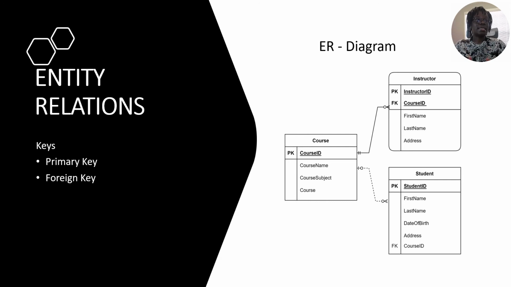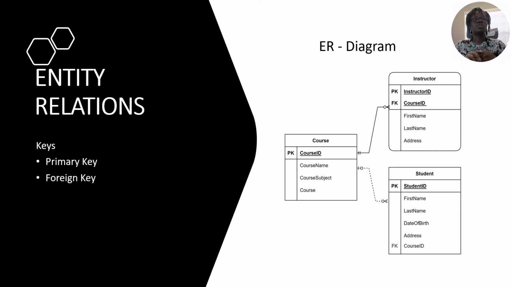The student ID is the unique identifier in the student table. However, in the instructor table, we have the instructor ID and the course ID, and now we see FK, which is a foreign key. A foreign key simply means a representation of an ID from another table. Okay, so right now the course ID is a foreign key in the instructor table.